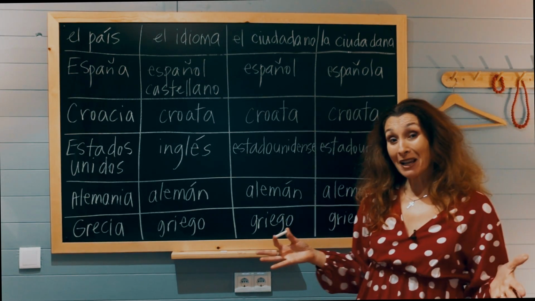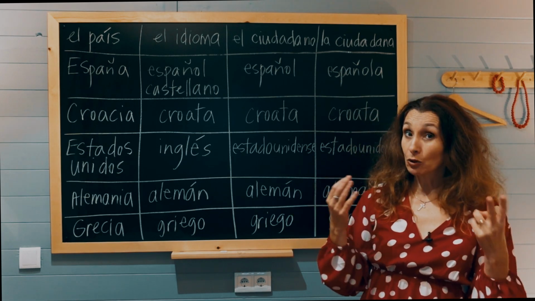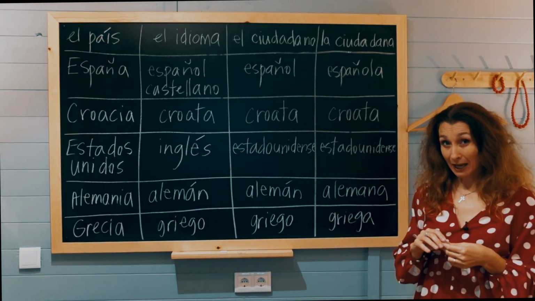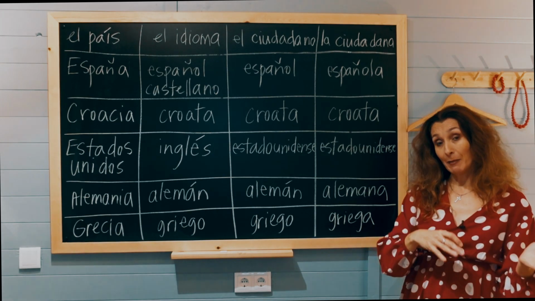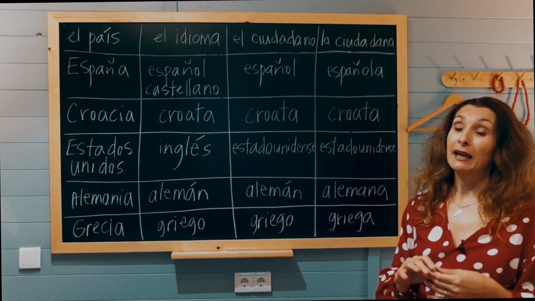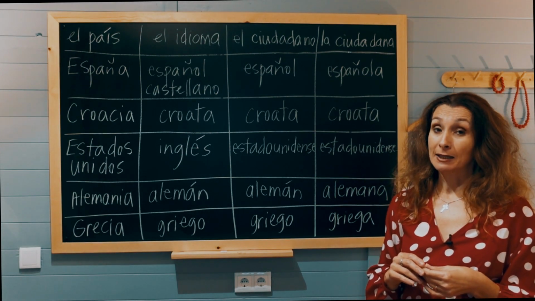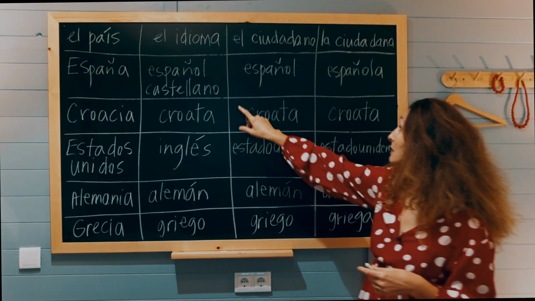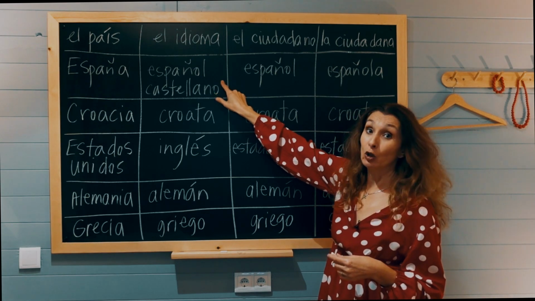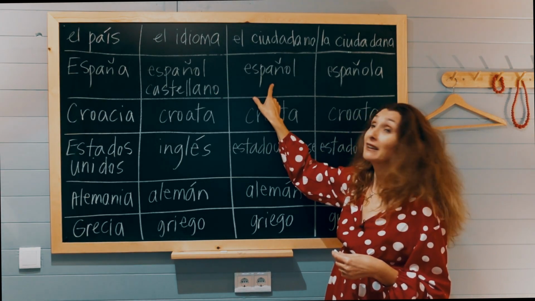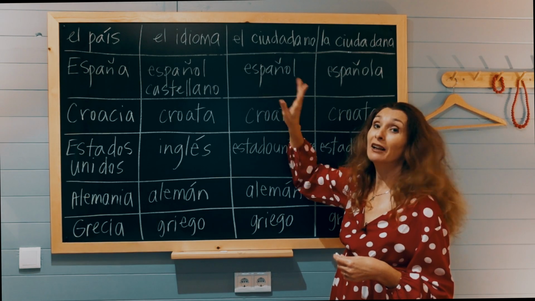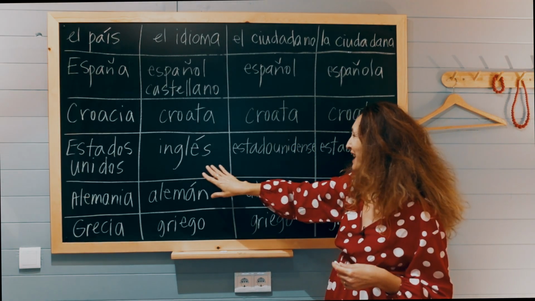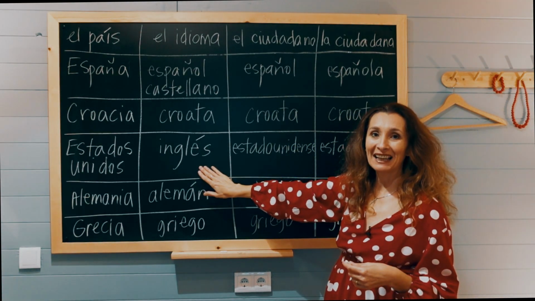So, in some cases, we will have two different words for the nationality, one for a man, one for a woman. In other cases, it will be the same one. What is the same is el idioma, masculine, and el ciudadano, masculine, assuming that we are not dealing with English.